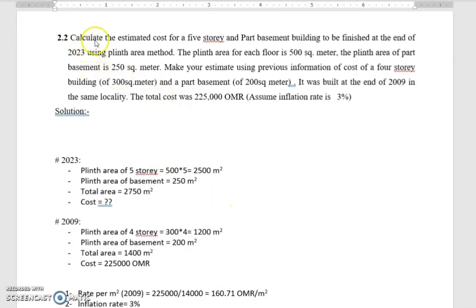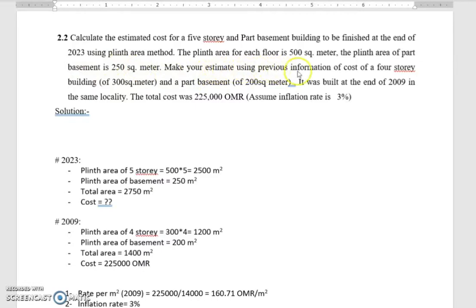Now let's calculate the estimated cost for a 5-story building with a part basement. The building is to be finished at the end of the year 2023, using the plinth area method. The plinth area for each floor is 500 square meters, and the plinth area for the part basement is 250 square meters.